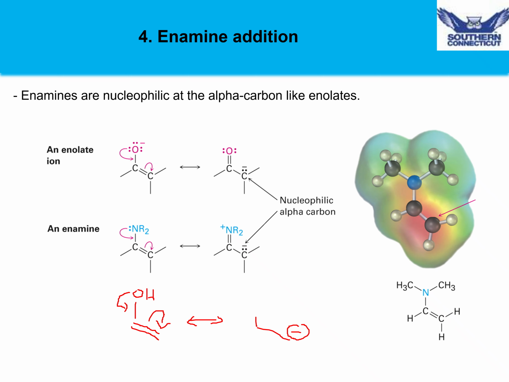We have now a double bond here, an oxygen with a hydrogen. So this is the reason why enols, enolates, and enamines are sort of lumped together. They all have a structure that is typically made from a carbonyl compound, and it makes that compound nucleophilic at the alpha carbon.